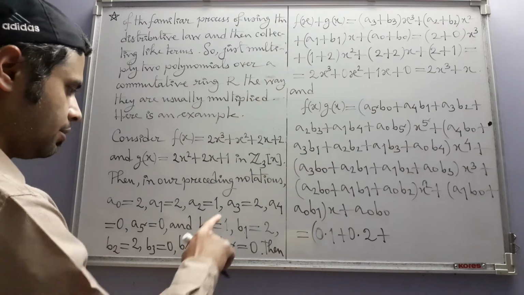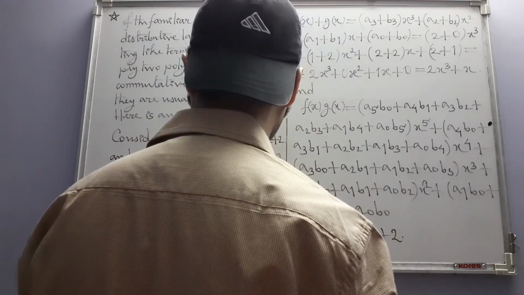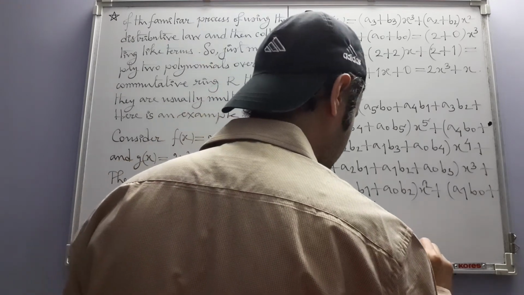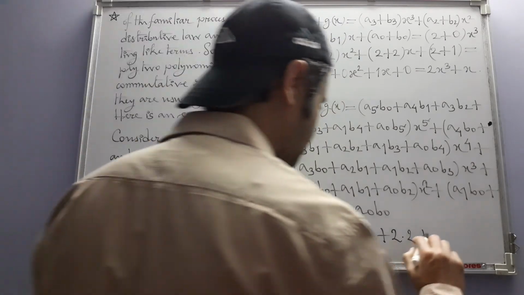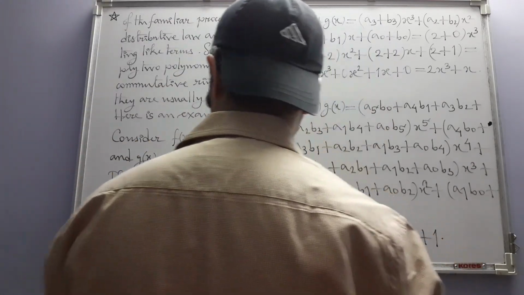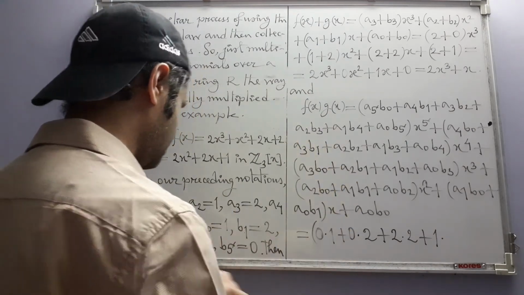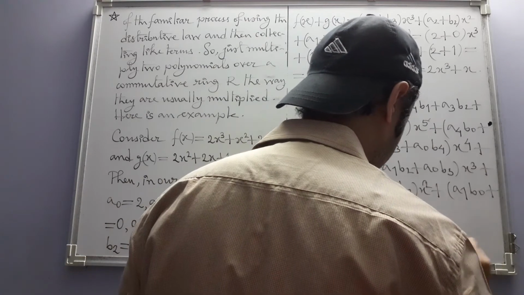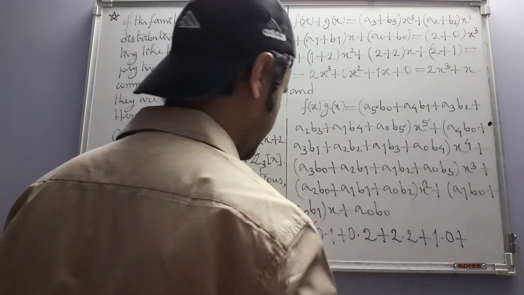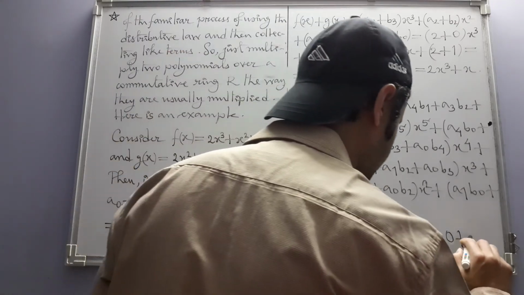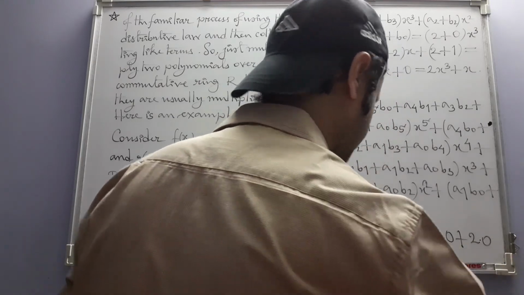Then A3 is 2, B2 is 2, A2 is 1, then B3 is 0. A1 is 2, B4 is 0.